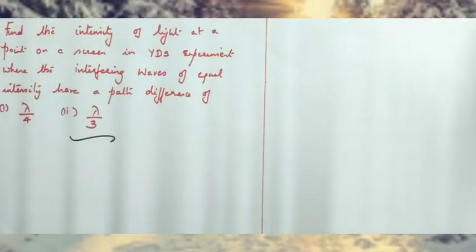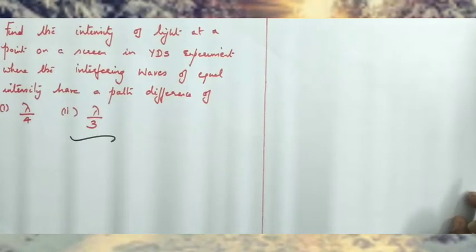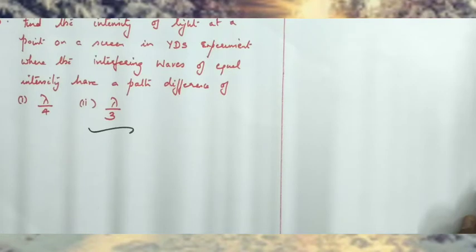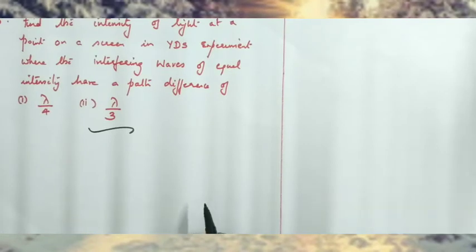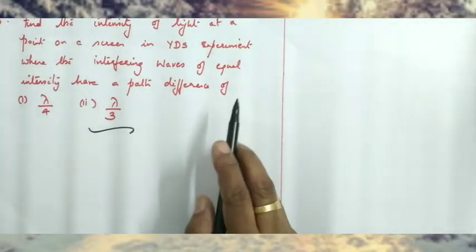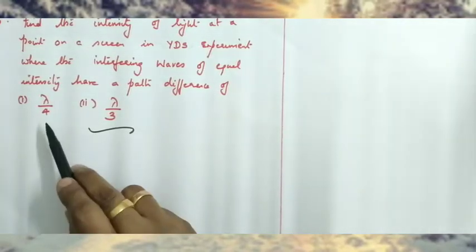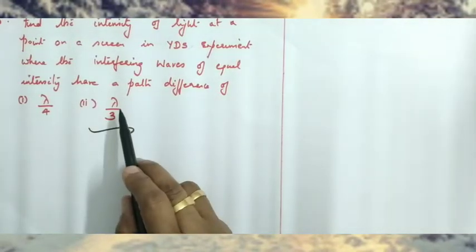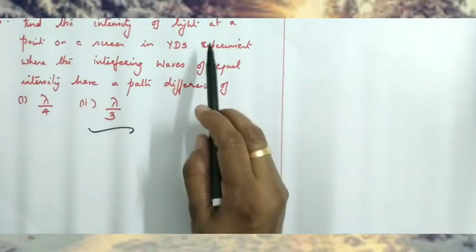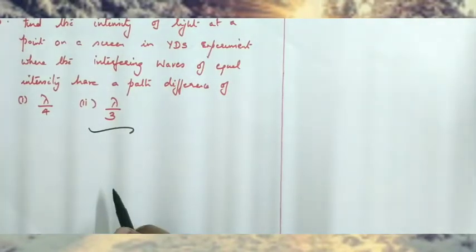The intensity of light at a point on the screen in Young's double slit experiment, where the interfering waves of equal intensity have a path difference of number 1, lambda by 4, and number 2, lambda by 3. We have to find the intensity of light.